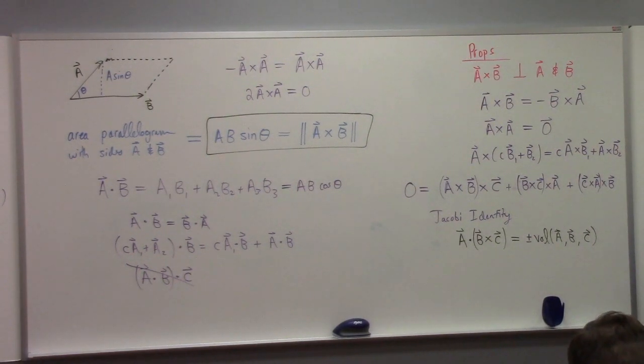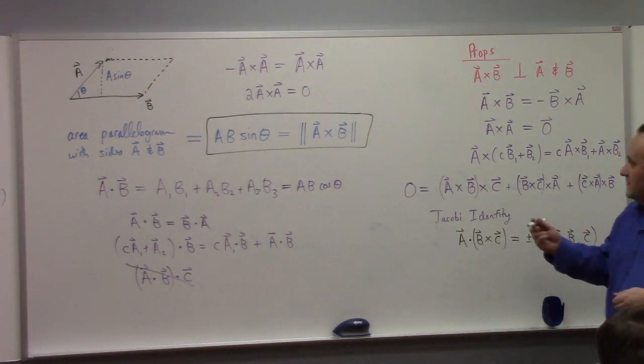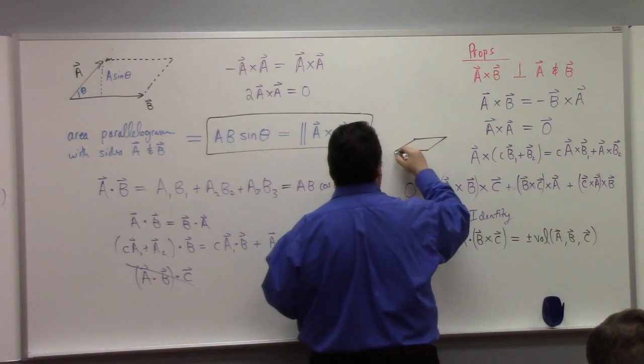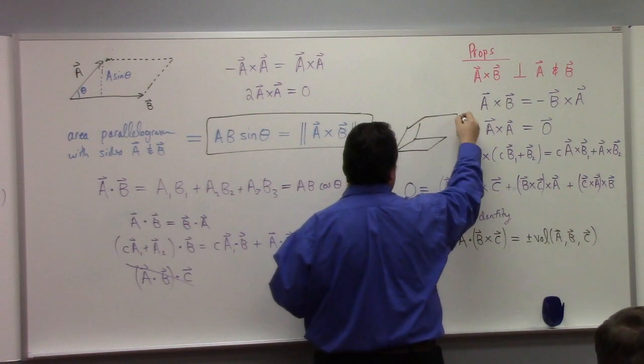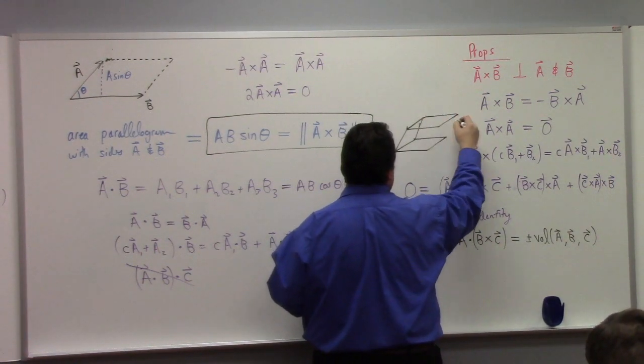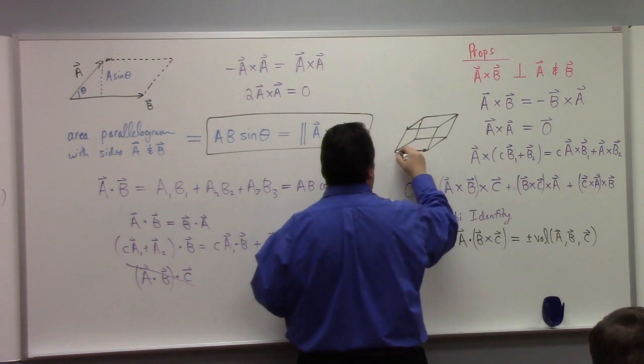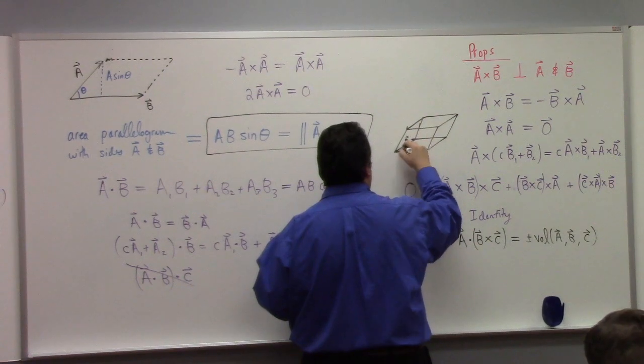Then that defines some little parallelepiped. I'll draw a picture. It's kind of like a slanted box, so this would be maybe A, maybe this one is B, and this one's C.